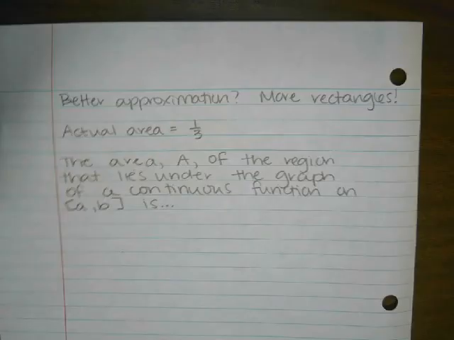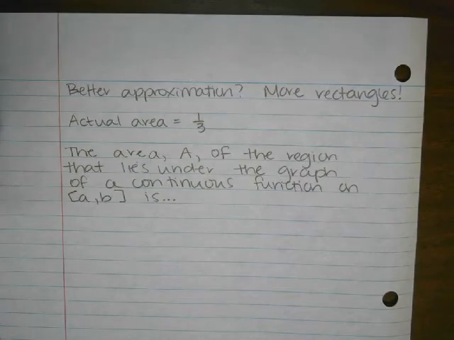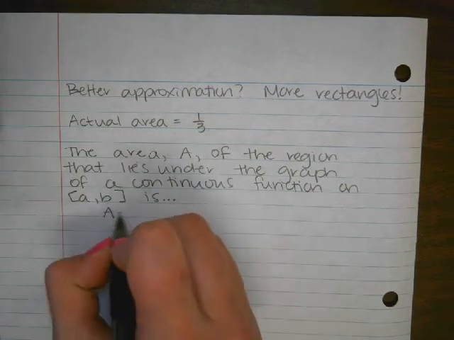so the area A of the region that lies under the graph of a continuous function is, and here's the formula.